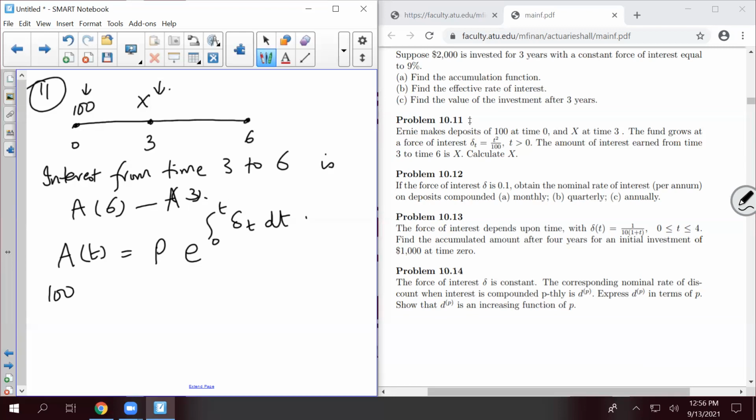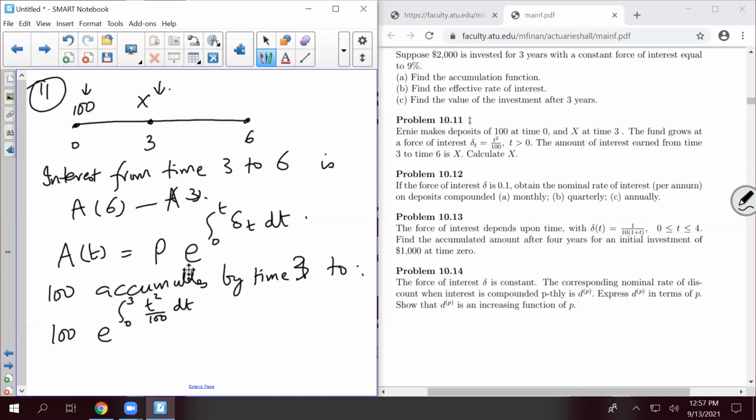So 100 accumulates by time 3 to 100 e power integral 0 to 3, and delta t is t squared by 100.